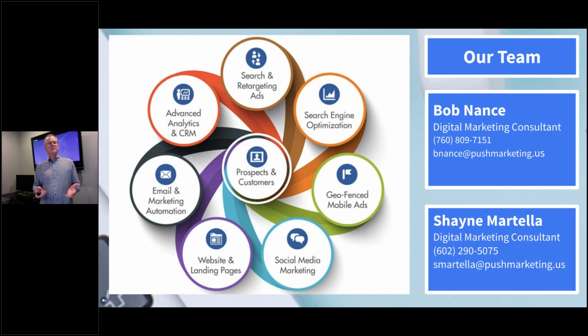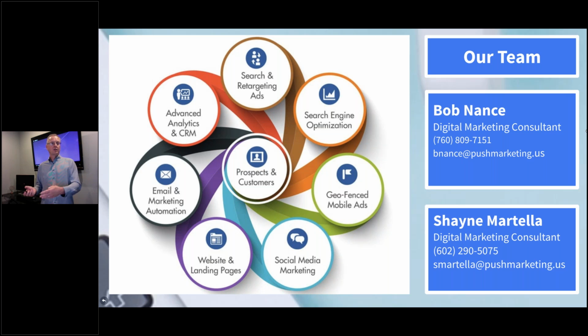If you look at the diagram here, your prospects and customers are in the middle of the wheel, and around the wheel are all the ways that you can connect with them: from search, people looking for you online, to retargeting, where they've been to your website and you show them ads. Search engine optimization makes sure that your keywords are coming up locally, if not nationally, if that's something you need.